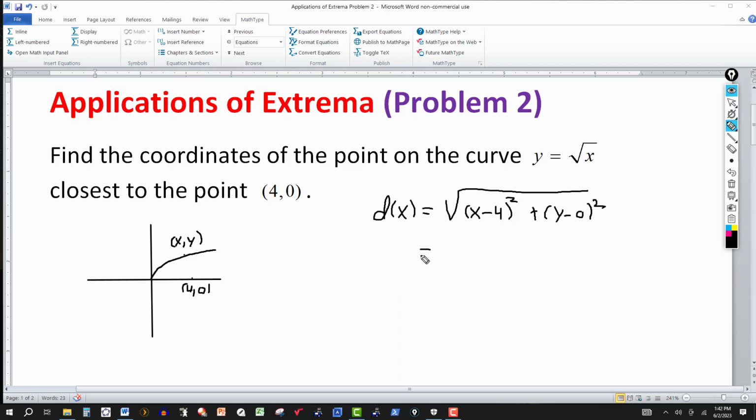And then we go through the simplification of this. It'll be the square root then. Square this out, x squared minus 8x plus 16. And then the second term here will be y minus 0 squared. It's going to be y squared.